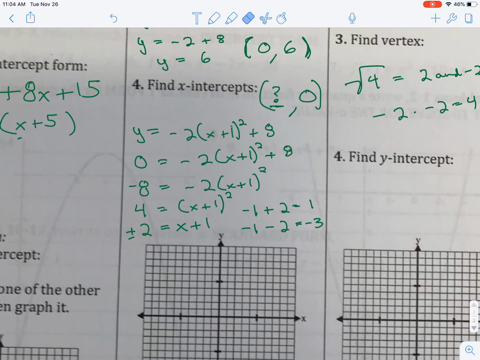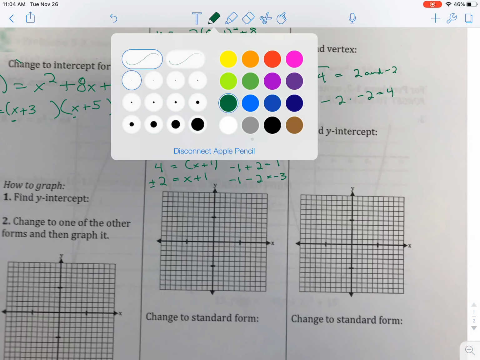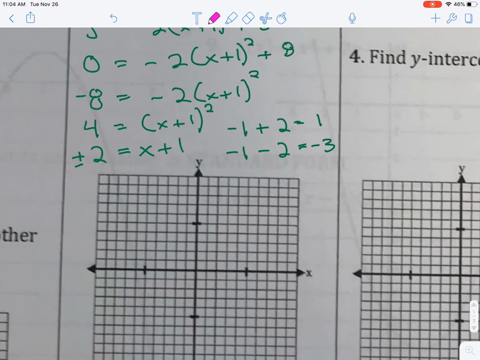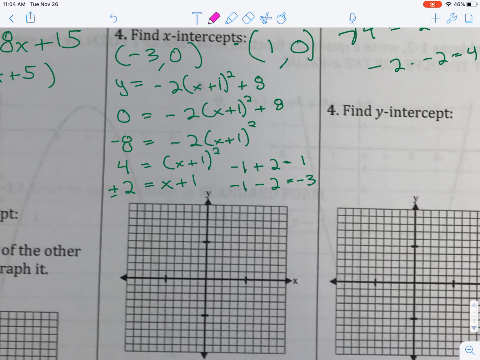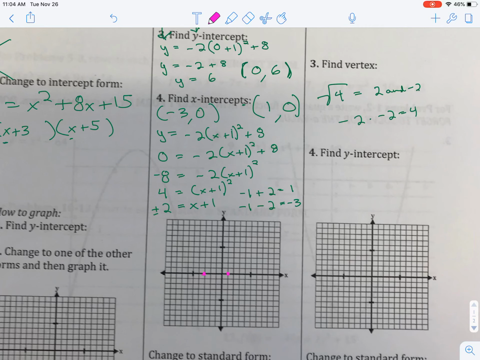So that number that I was looking for here is actually the point 1, 0, and then it has the other one, because it's intercepts, and then the other one is negative 3, 0. So when I go to graph this, all I have to do is put a dot at 1, 0, and a dot at negative 3, 0, and see what the parabola looks like.